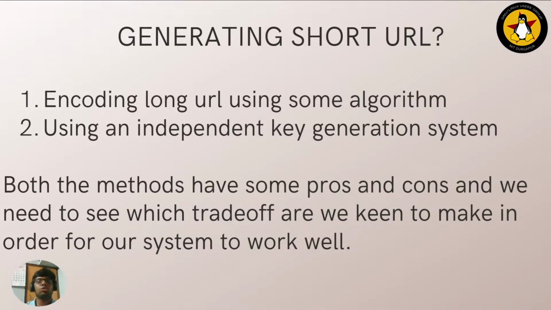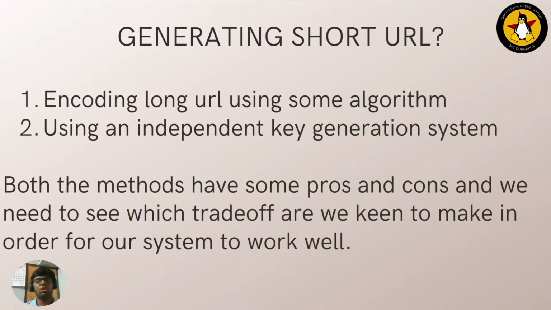Okay, so now let's talk about one of the prime things which concern our particular application: how will we generate the short URL? You see a question where you have a long string and you have to generate a short string, and there is some form of mapping between the short string and the long string. So the very first, common and genuine answer which can come to your mind is encoding.